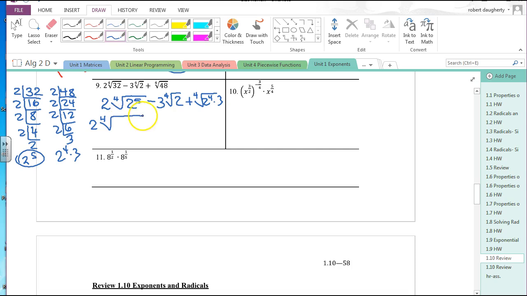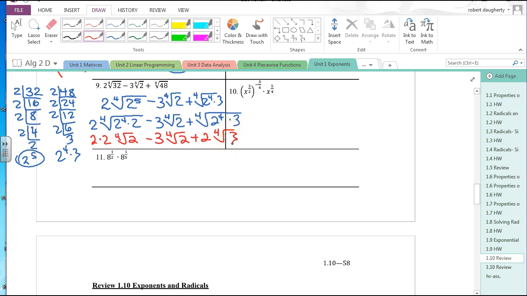I'm going to write 2 to the 5th as 2 to the 4th times 2, minus 3 4th root of 2, plus the 4th root of 2 to the 4th times 3. The 4th root of 2 to the 4th is 2. So this is 2 times 2, 4th root of 2, minus 3, 4th root of 2. The 4th root of 2 to the 4th is 2, so this is plus 2, 4th root of 3.